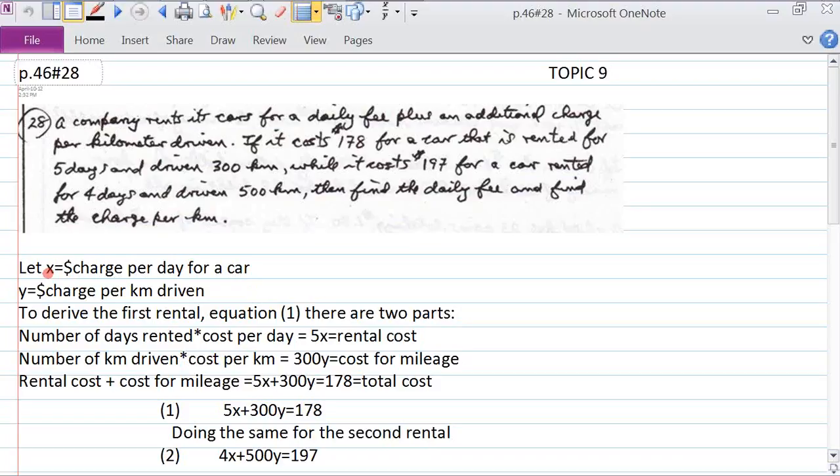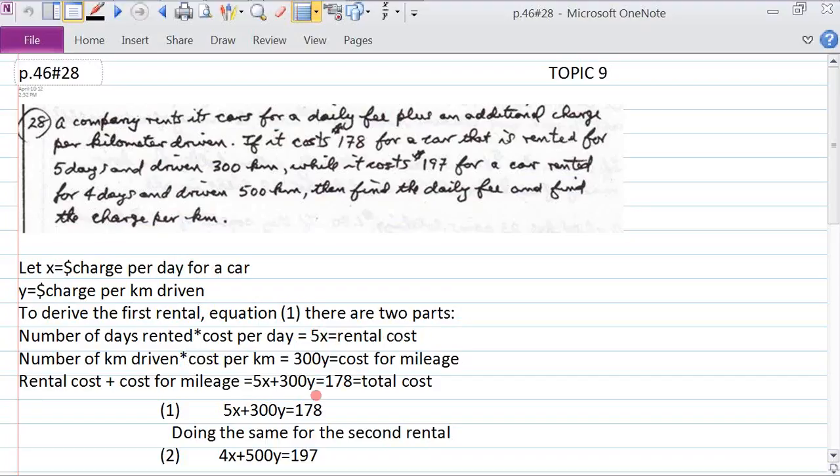So let x equal the dollar charge per day for a car, which we don't know. Y equals the charge per kilometer driven. To derive the equation for the first rental, equation 1, there are 2 parts. First of all, we have the number of days rented times the cost per day. We're told that it's rented for 5 days, but we don't know the cost per day. So there's the charge per day, 5x.